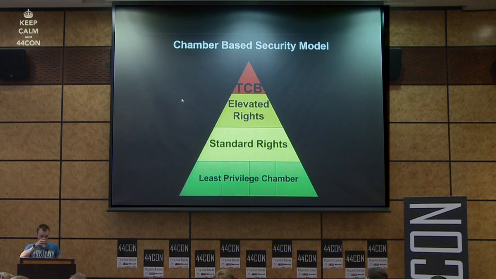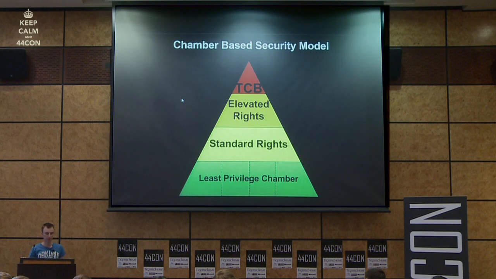The least privilege chamber is where the marketplace applications run. When you install an application from the marketplace, it's downloaded and deployed with the permissions of the least privilege chamber. Now, the first three chambers, the TCB, elevated rights, and standard rights, are fixed permission sets, so you can't change their permissions.